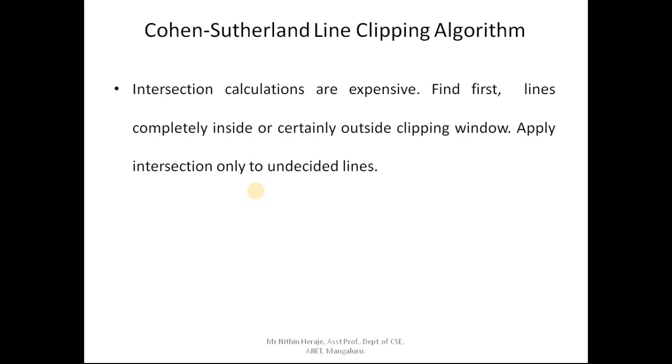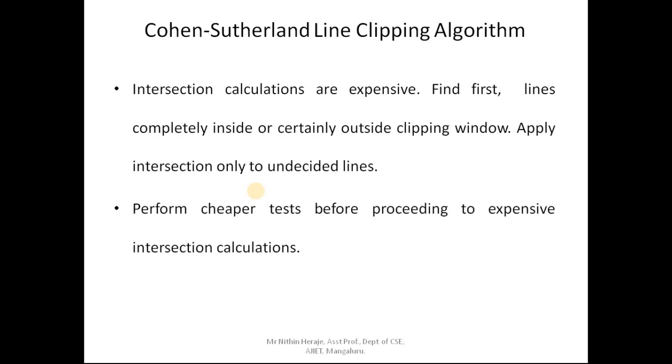Next, we need to perform the cheaper tests before proceeding to expensive intersection calculations. Cheaper tests means we check whether the line segment lies completely inside the clipping window or completely outside it before going for intersection calculations.